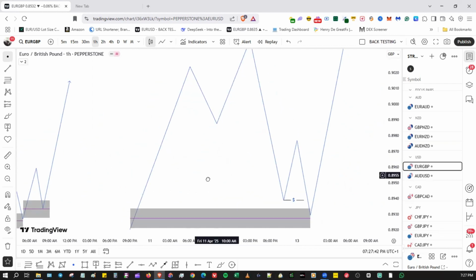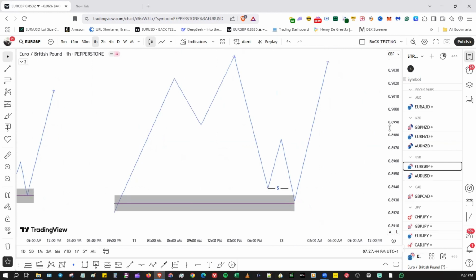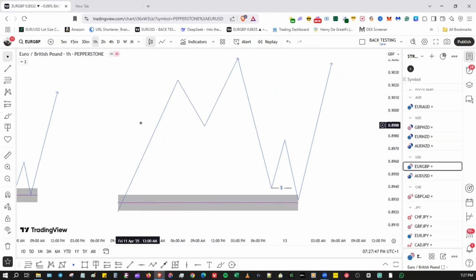Now the second one is where we don't have any inducement liquidity at the potential reversal zone, meaning that this X to A leg is very clean. There is no structure closer to the potential reversal zone serving as a liquidity point.